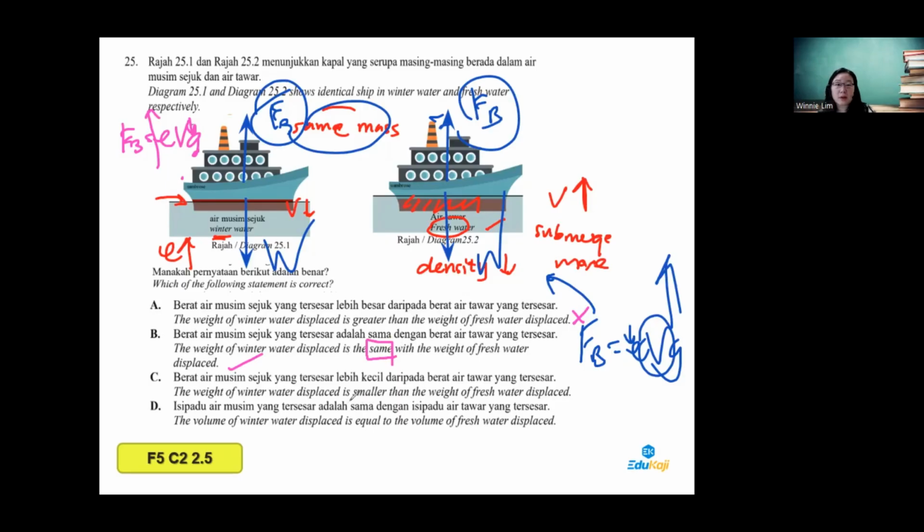The other options about displacing more or less also cannot. The volume of this water is less and this one more. So the answer is B, because the weight of liquid displaced equals the buoyant force.